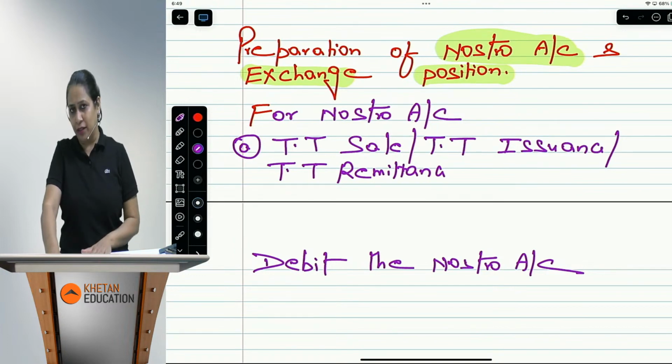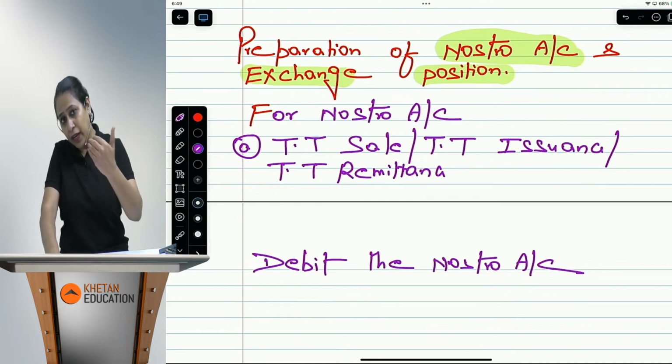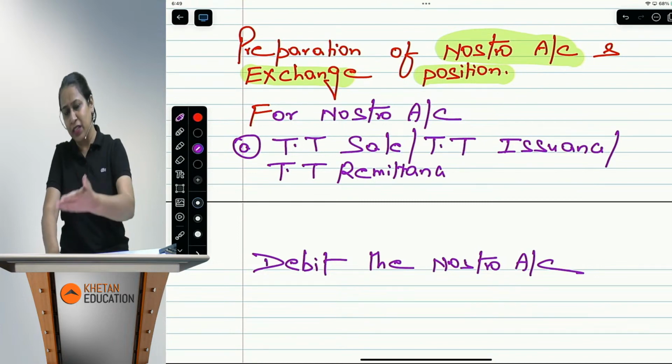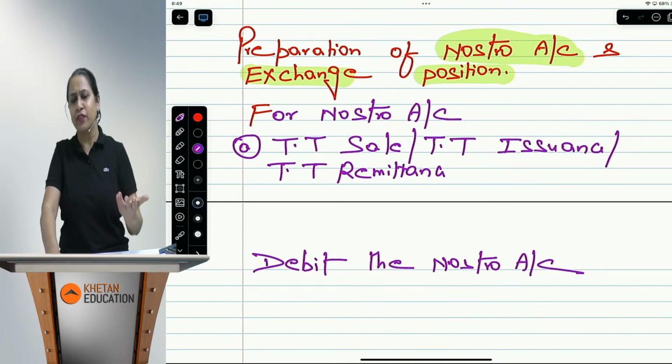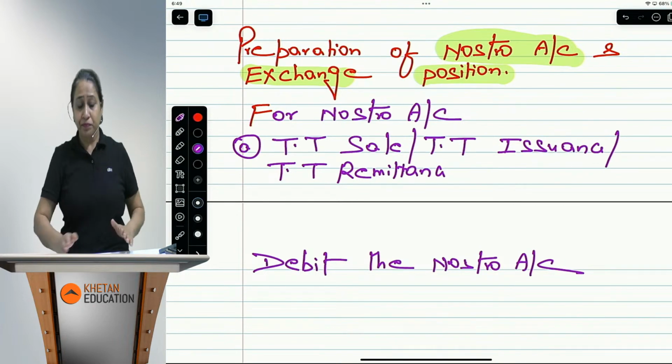SBI will instruct Citibank in the US to give $1 lakh to my business associate. In return, suppose the rate is 83, I will give rupees 83 lakh to the SBI. How would you decide whether the Nostro account has to be debited or credited?